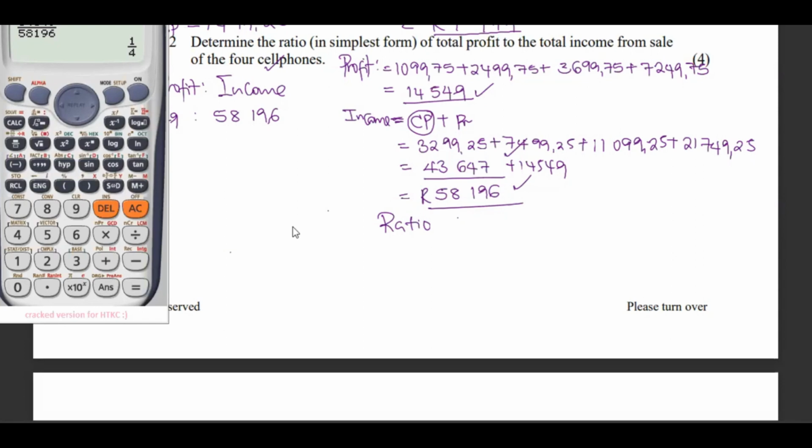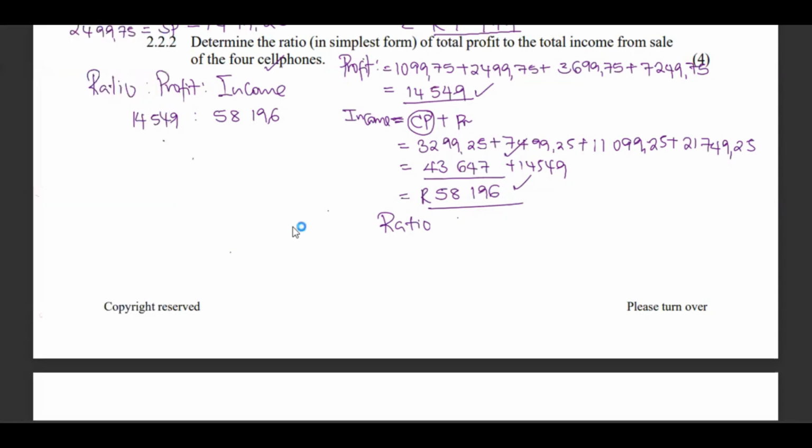So here becomes 1:4. That's how we get a simplified ratio. That's what we shall do.